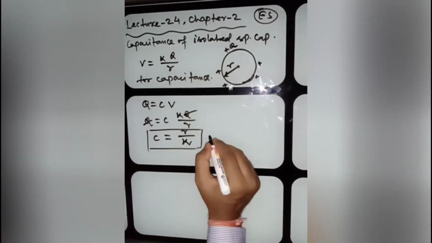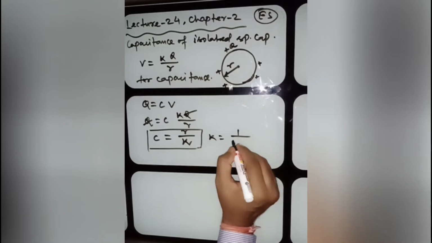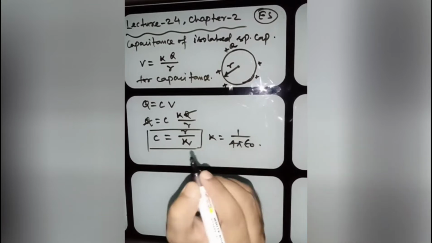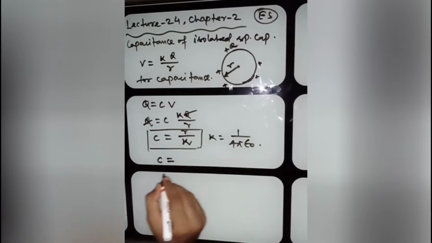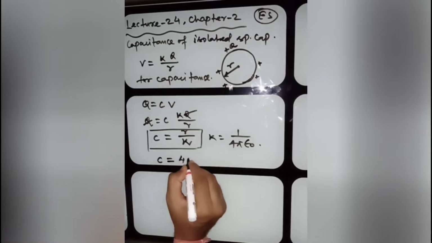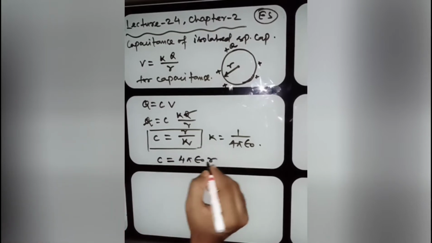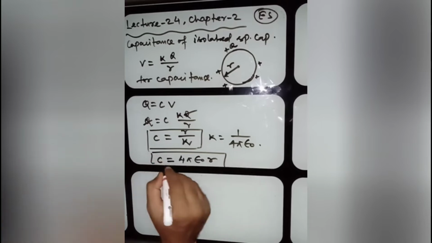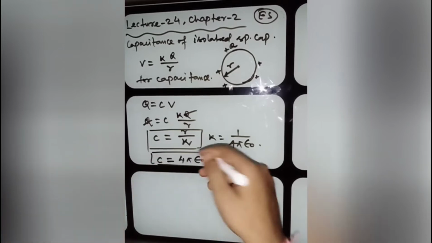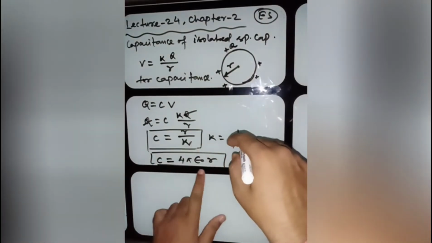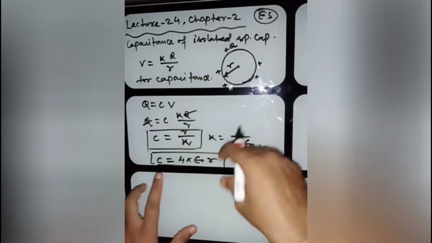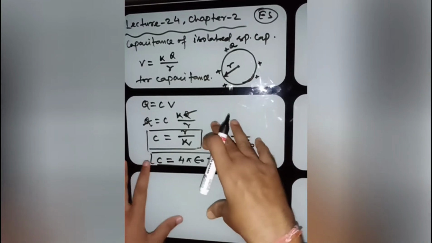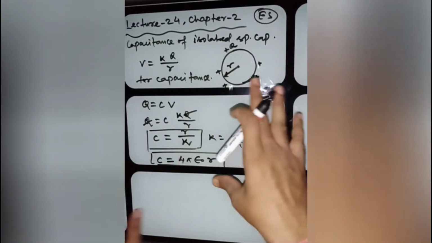This K is 1 by 4 pi epsilon naught. It means this capacitance can also be written as 4 pi epsilon naught R. You will find the formula like 4 pi epsilon naught R. It is the capacitance of an isolated spherical capacitor. You can write R by K also.